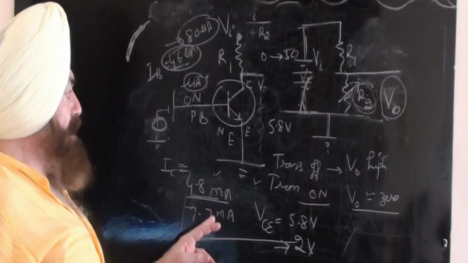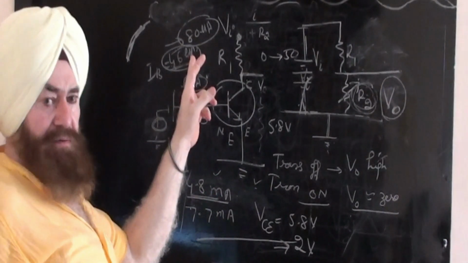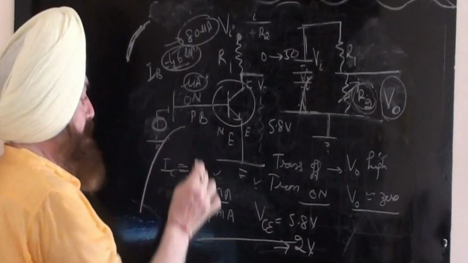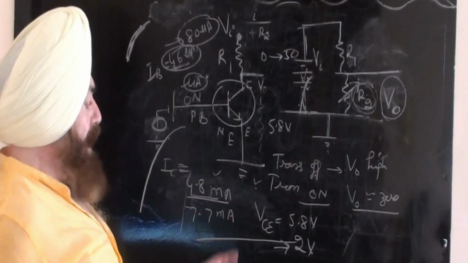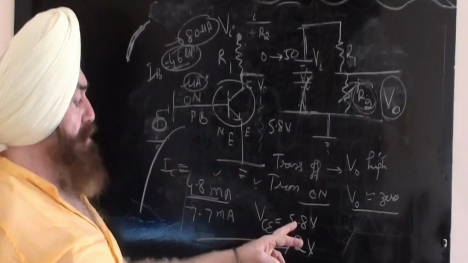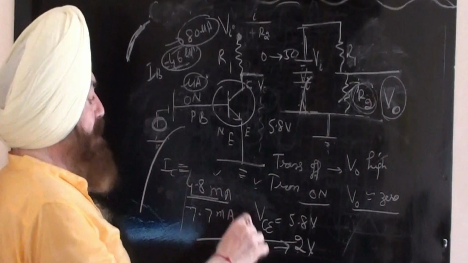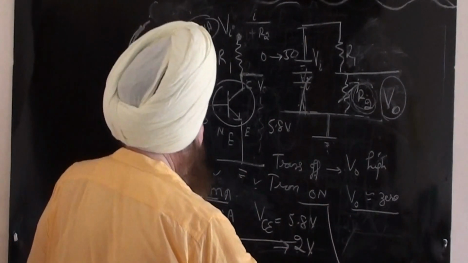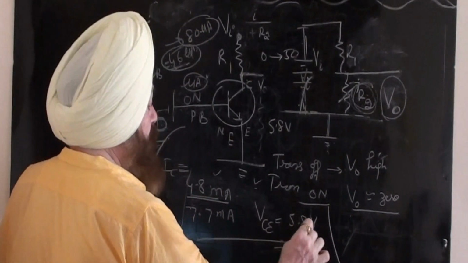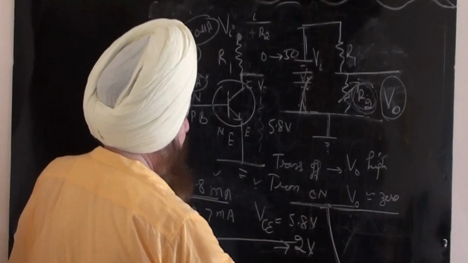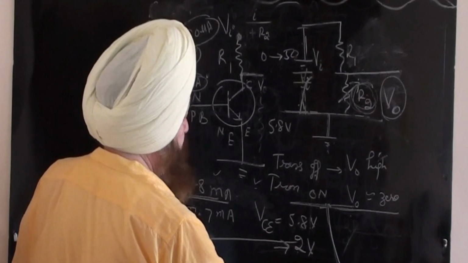The collector current is increasing about 1,000 times greater, almost. So the collector current is also increasing like this. And the collector ammeter voltage goes from 5.8 to 2 volt. Now it is decreasing like this. 5.8 is our reference level, and it is going to 2 volt.